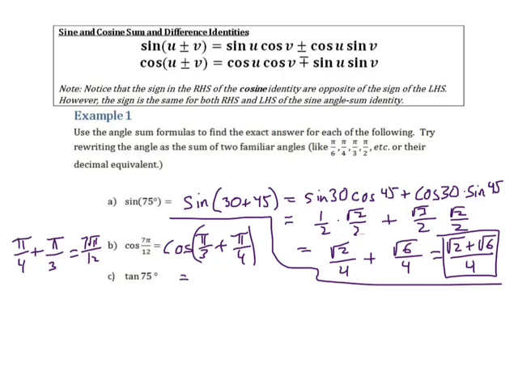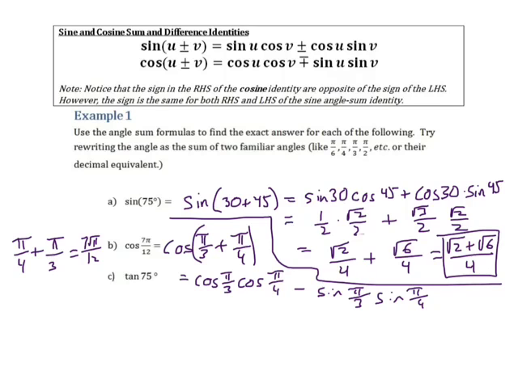That's going to give us cosine of pi over 3 times cosine of pi over 4, minus sine of pi over 3 times the sine of pi over 4. Let's work that out.